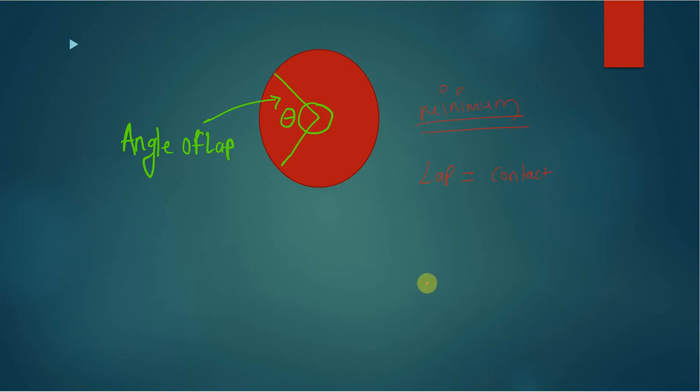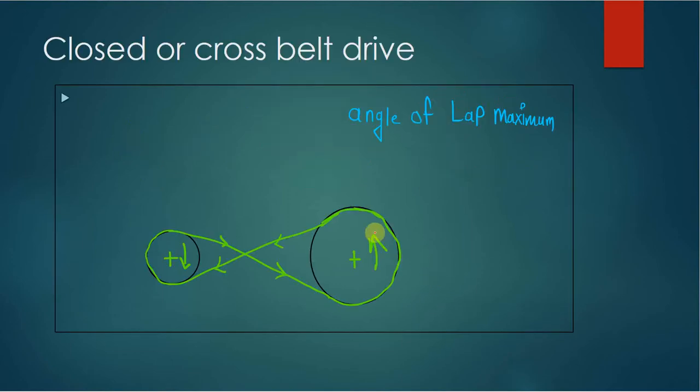Okay, it is minimum. The closed or cross belt drive, here is the driver pulley and this goes like this way. In the cross, therefore it is called cross belt drive and the angle of lap is maximum.